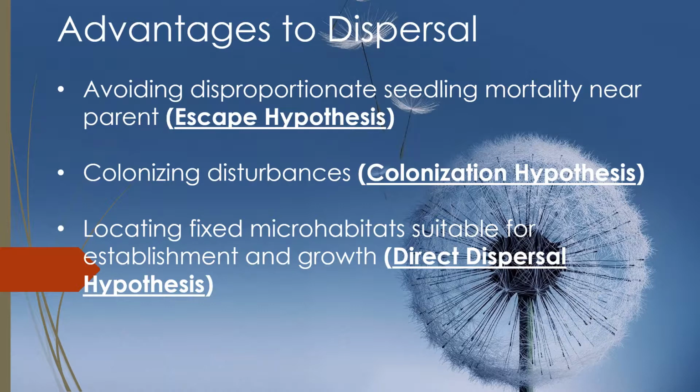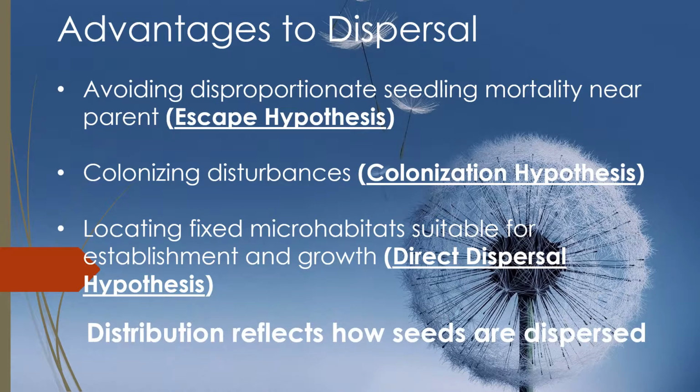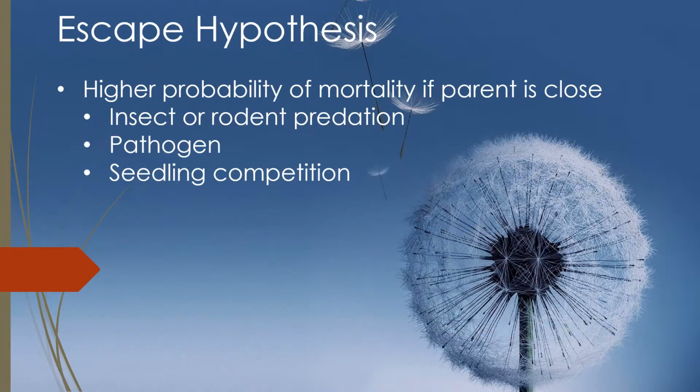Next, they get into the meat of the paper, which is the advantages of seed dispersal and the theories behind them. I'm going to cover each one of these. One thing they get at is that the distribution of species within the community reflects how the seeds are dispersed. The first one is the escape hypothesis, which states that plants are going to try to get as far away from the parent as possible, and that could be due to insects, pathogens, or competition between seedlings.